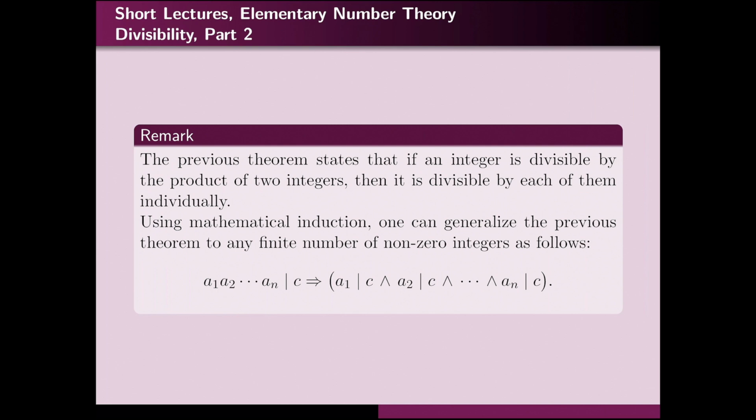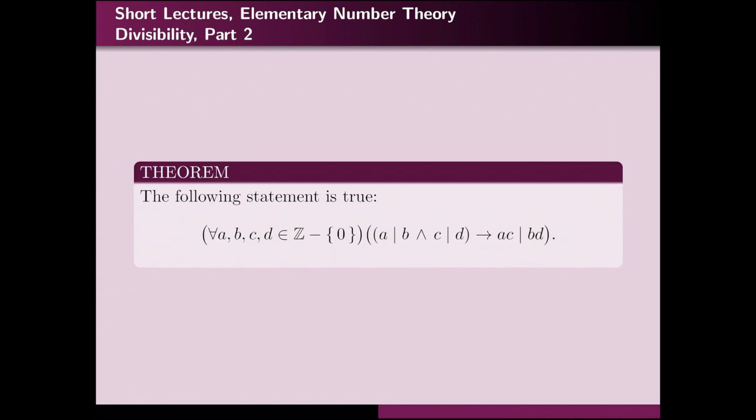Meaning that if you know a number is divisible by a product, then you can conclude that this number is divisible by each one of these numbers individually. Yes, that is the same theorem expressed in words, rather than mathematical symbols.